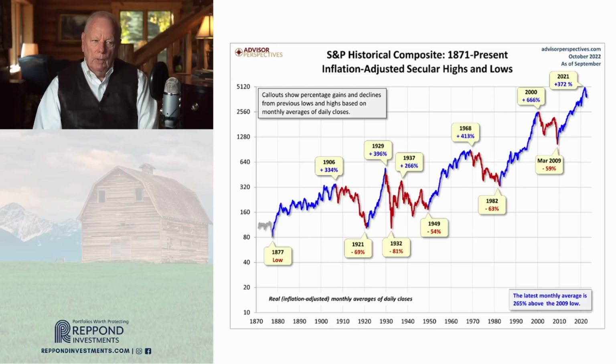excess in the system. When I went back and looked at all of these four major bear markets and studied them, in every case, debt and printed money were part of, or a major part of, every one of them.